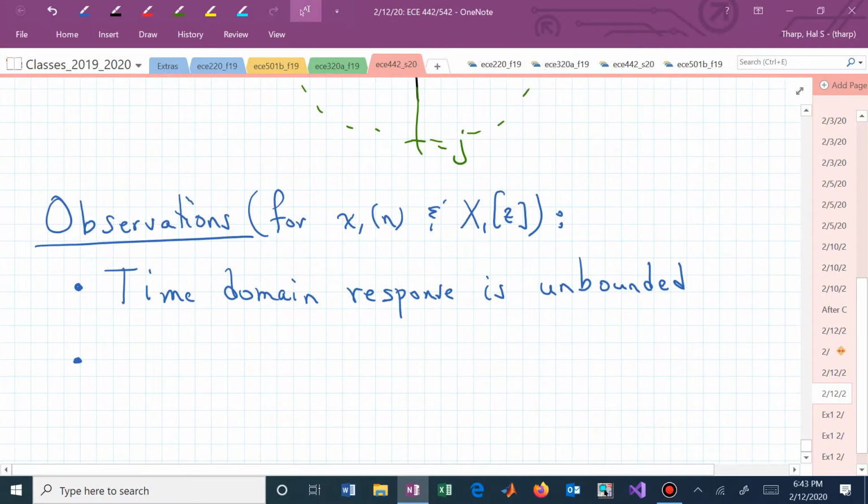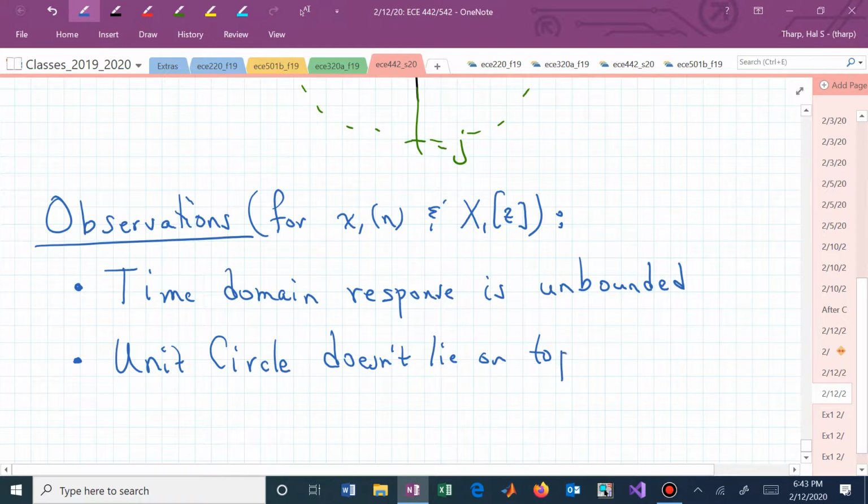So the second observation is the unit circle doesn't lie on top of the region of convergence.